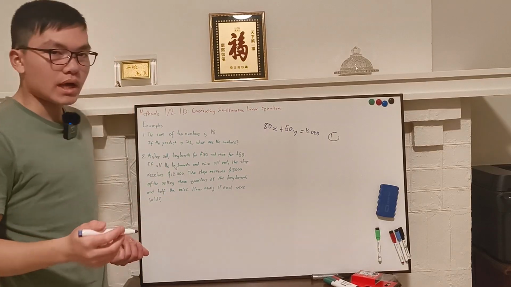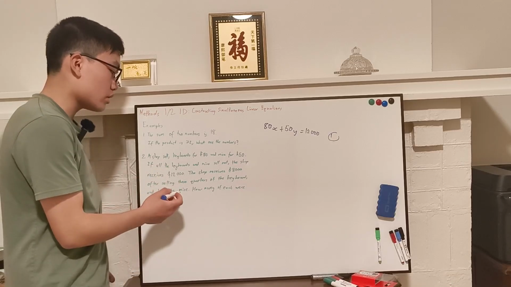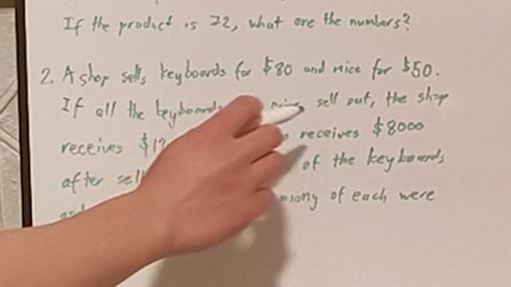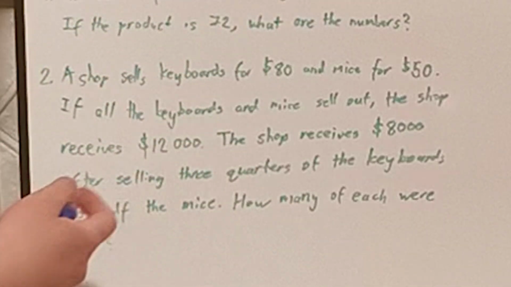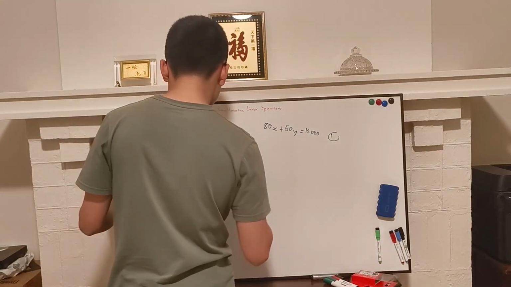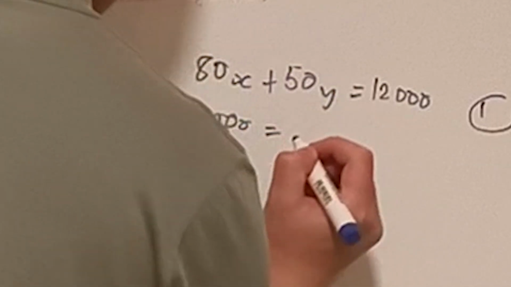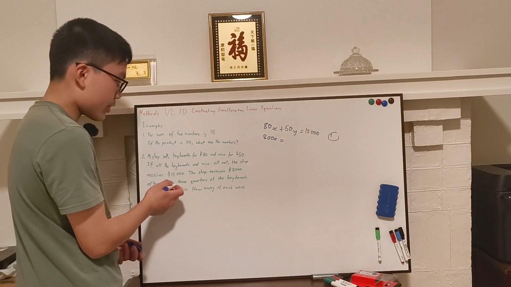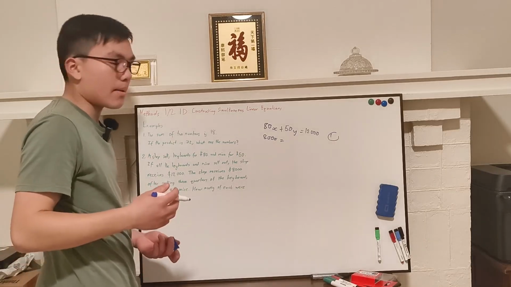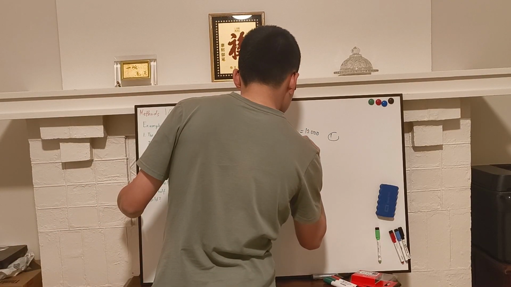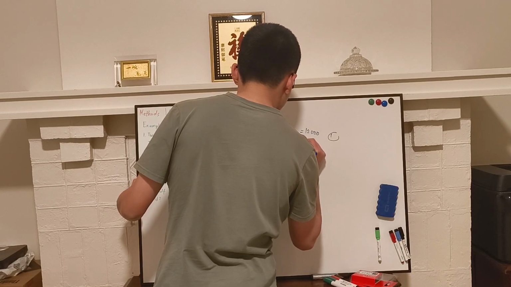So now we look at the second part of the question. The shop receives $8,000 after selling 3/4 of the total number of keyboards and half the mice. So this is going to mean 8,000 equals 3/4 of the keyboards. So that's going to mean 3/4 times 80x.